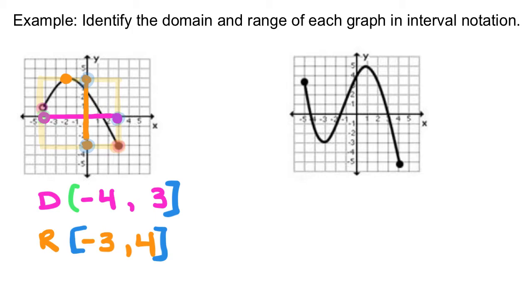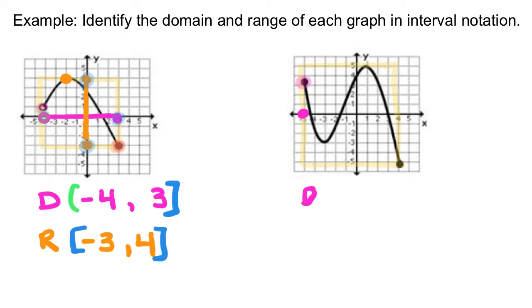For the next example, I'm going to start again by drawing my box around the possible values of the graph, including all the highest and lowest points. And then I'm going to start with my domain. So the furthest to the left the graph goes is this point right here. So I can put a closed circle at -5.